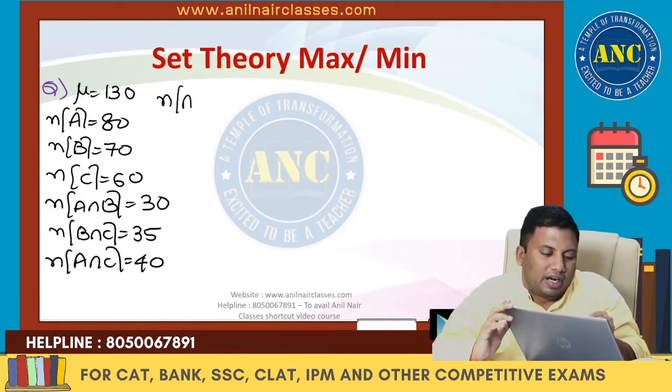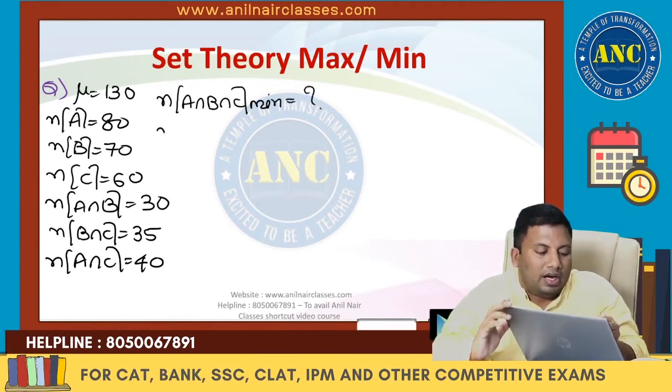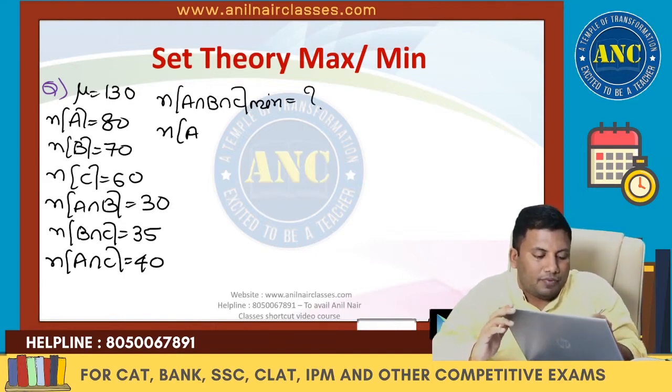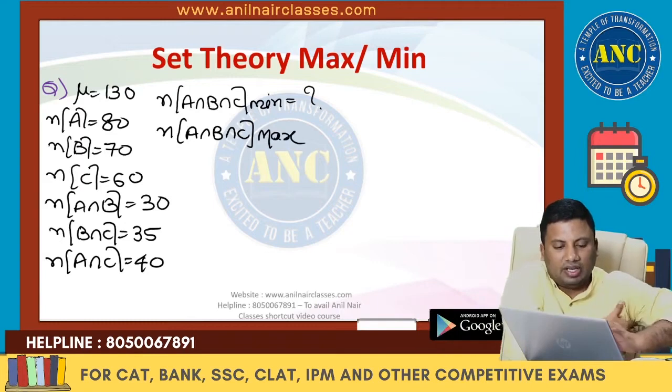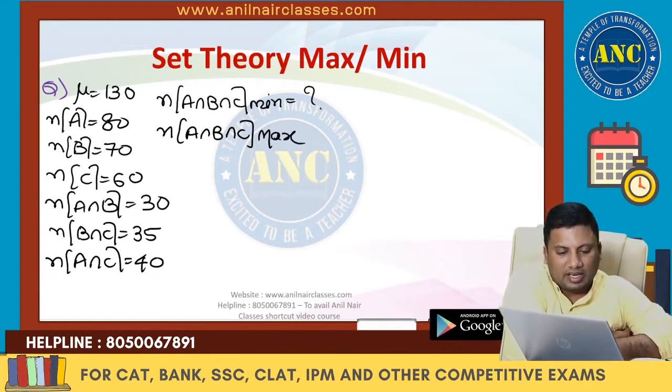We require A intersection B intersection C minimum, and we require A intersection B intersection C maximum. I hope it is clear, right?